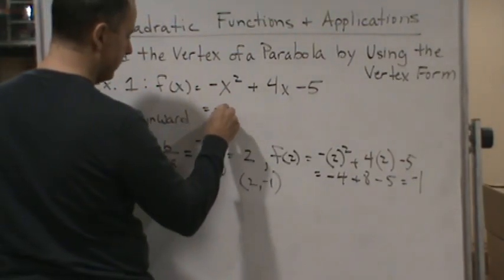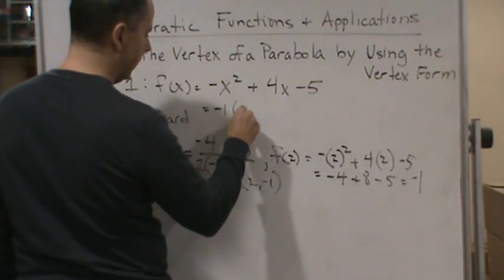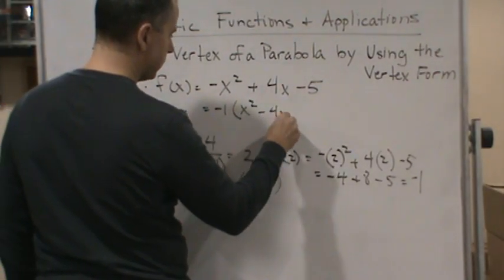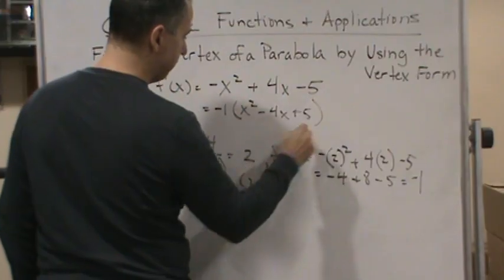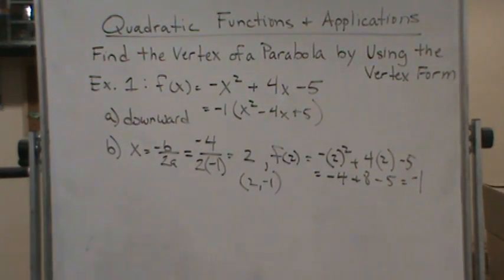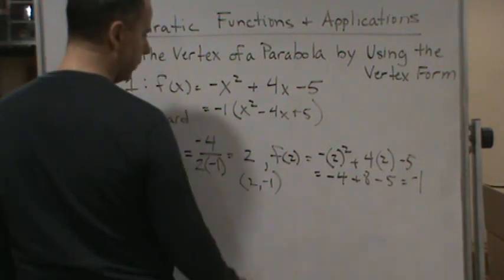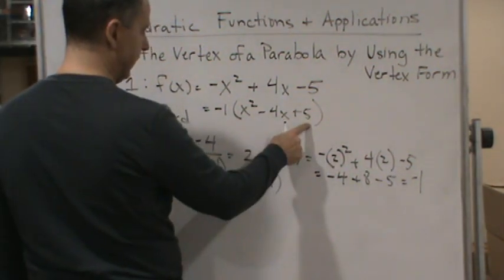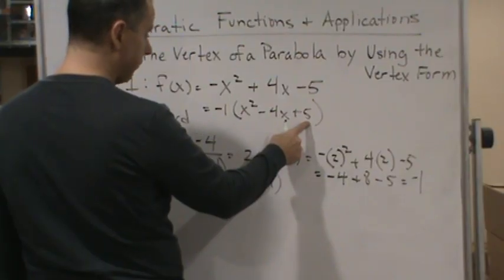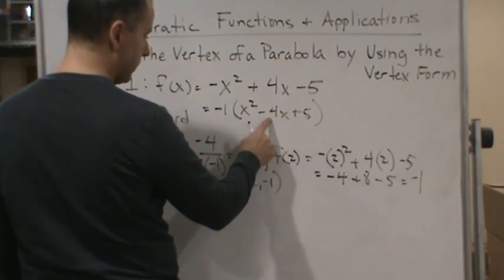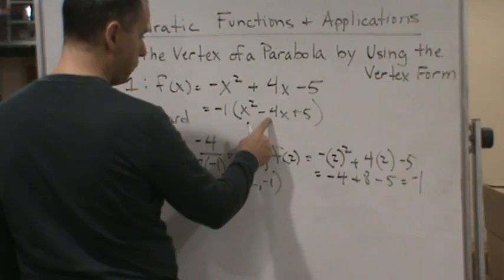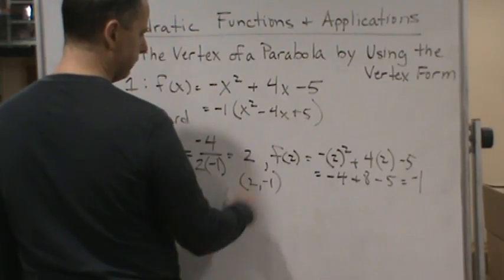I would write this as negative 1 times x squared minus 4x plus 5. And this is not factorable. You could see that there's no product of 5, because it's prime, that will give us a negative 4, because it's just 1 and 5.